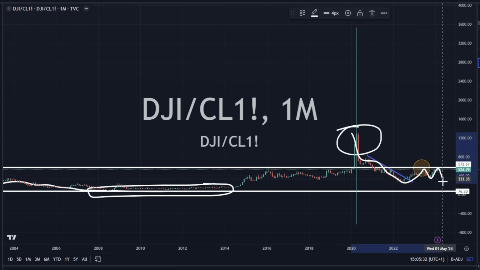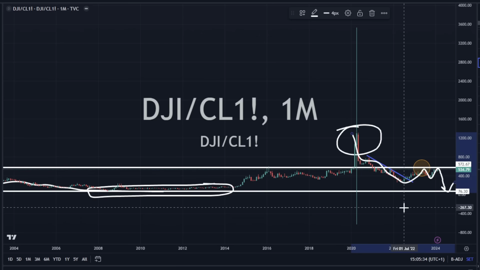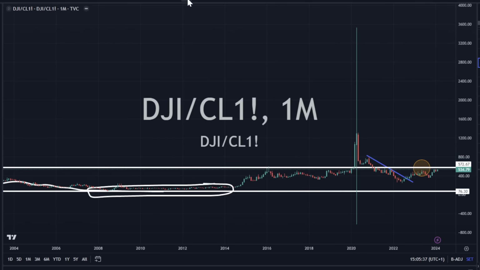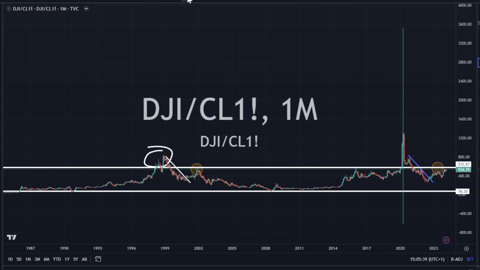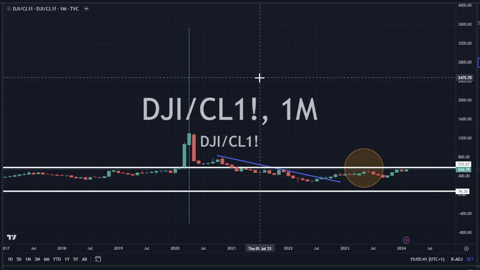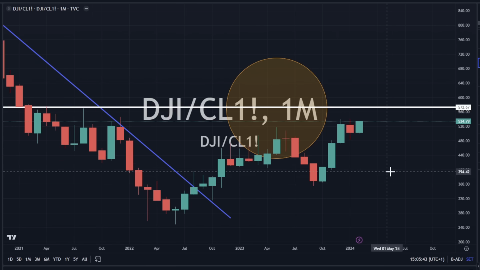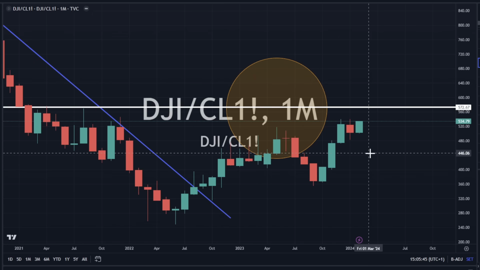We hit our head again. And I think we're going to come back down with this ratio where crude oil outperforms the Dow Jones. That's my opinion there. And that's based off of where we're at in the expansion phase of real estate and with credit creation and potentially fiscal spending, which is all inflationary, and crude oil generally is sensitive to inflation.